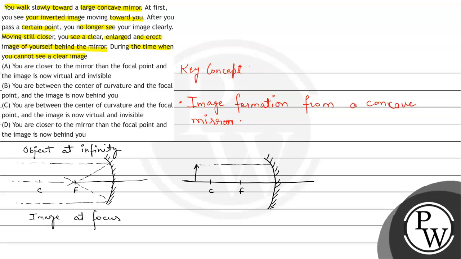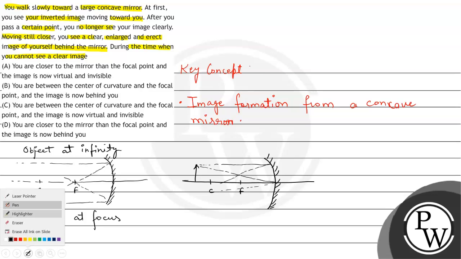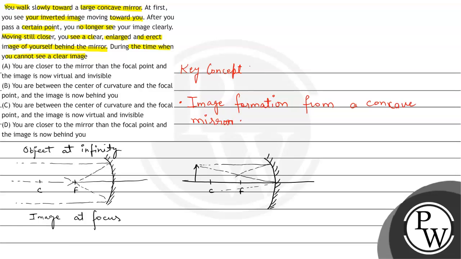Now the rays converge somewhere between C and F. Okay, so this is, let's suppose, O. So this is O dash.